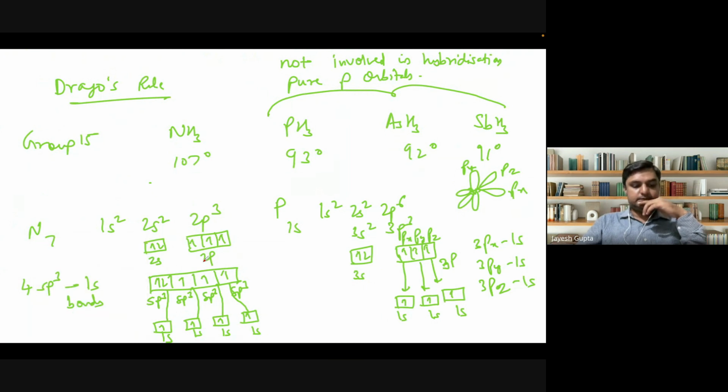Here you can write sp3 hybridization of NH3.